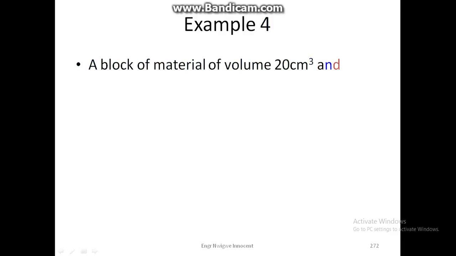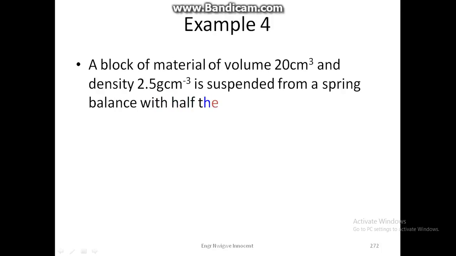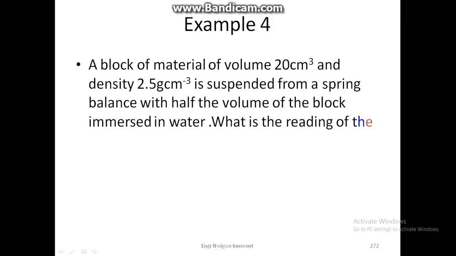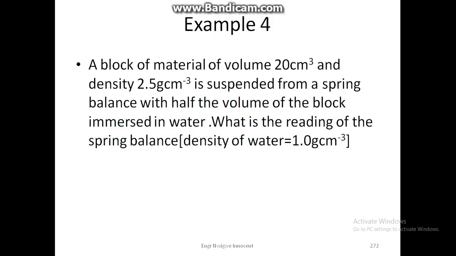Example 4. A block of material of volume 20 cm cube and density 2.5 gram per cm cube is suspended from a spring balance with half the volume of the block immersed in water. What is the reading of the spring balance? Density of water equals 1.0 gram per cm cube. Solution.